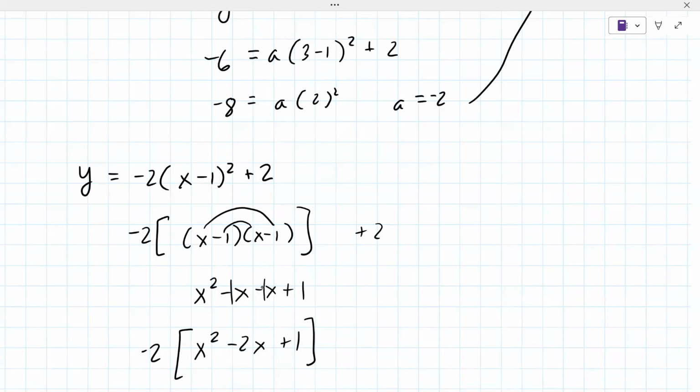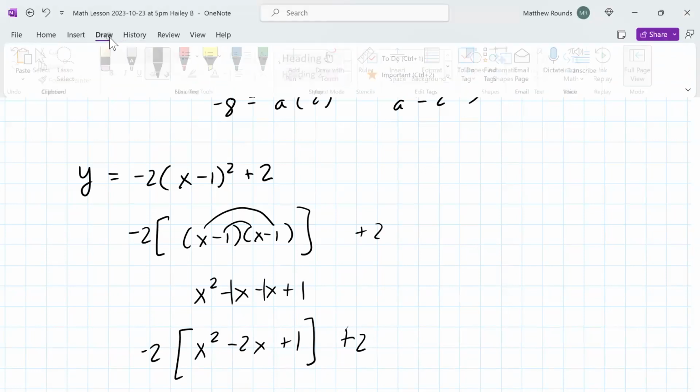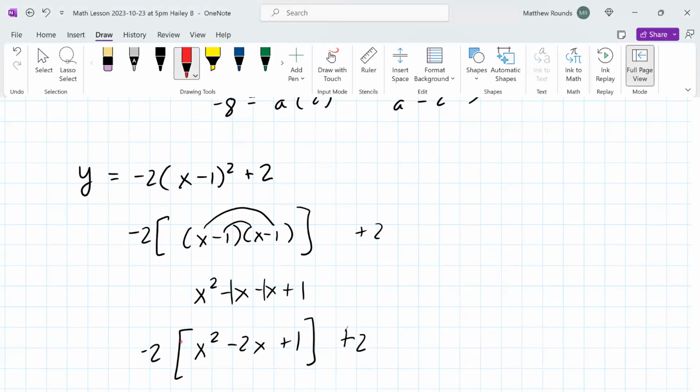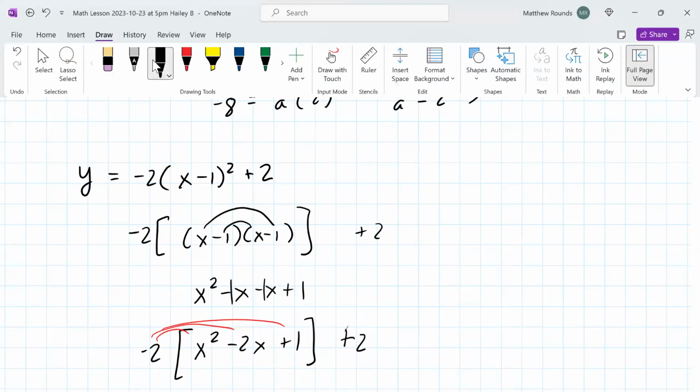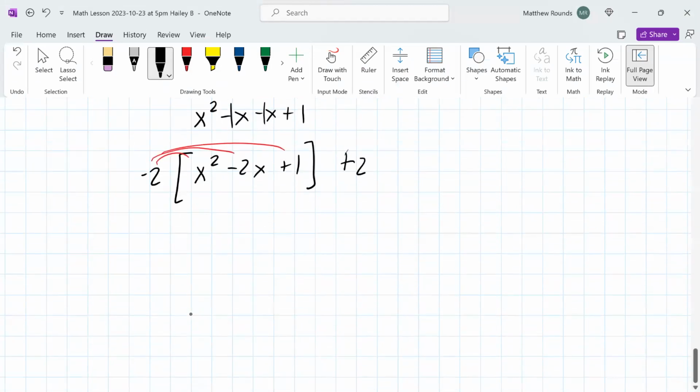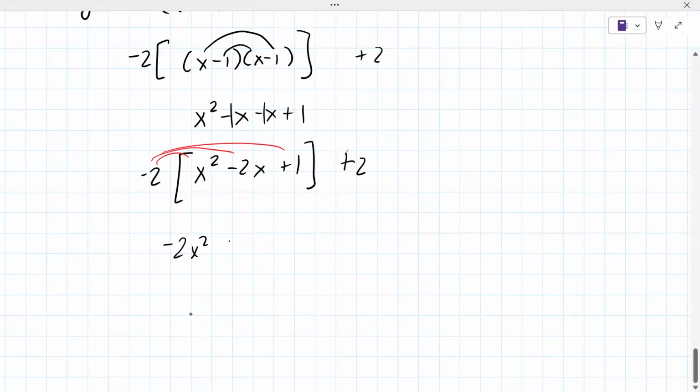Now, the next thing here is that you have to multiply in that -2 to everything, each of these. So that becomes -2x squared plus 4x minus 2 plus 2.